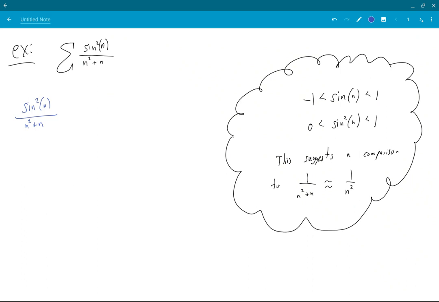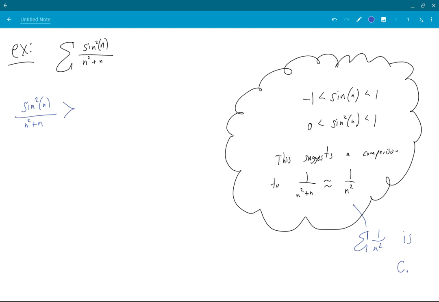Now, which way do I want the inequalities to go? Well, I'll just remember that summation 1 over n squared is convergent, right? So that tells me I want the inequalities to go... Oops, no. See, I did it the wrong way.